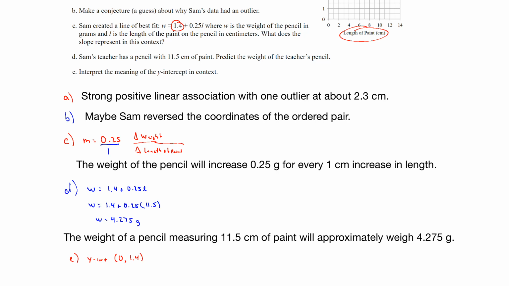What does that mean? Well, we're not saying the pencil's gone, we're just saying that the length of the paint is at 0 centimeters, so there's still a pencil there, but it's so short that there's no paint left, that it'll approximately weigh 1.4 grams. And so once again, a pencil with no paint left will weigh approximately 1.4 grams.